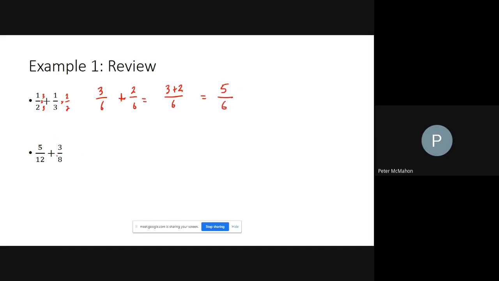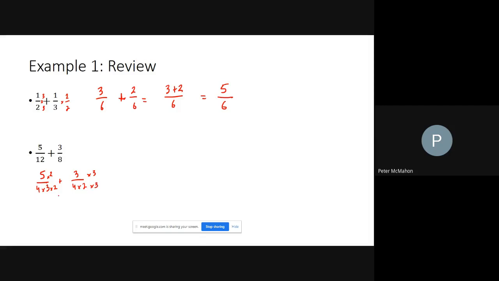Okay. For the next one over here, I'm just going to do this one in a slightly different way. I'm going to factor this one as well. This is the same thing as 5 over 4 times 3 plus 3 over 4 times 2. Okay, so if you look at this, these guys already have a 4 in common, but we need to get a 3 over here, and we need to get a 2 over here. So I'm going to go times 2 times 2, and then times 3 times 3.